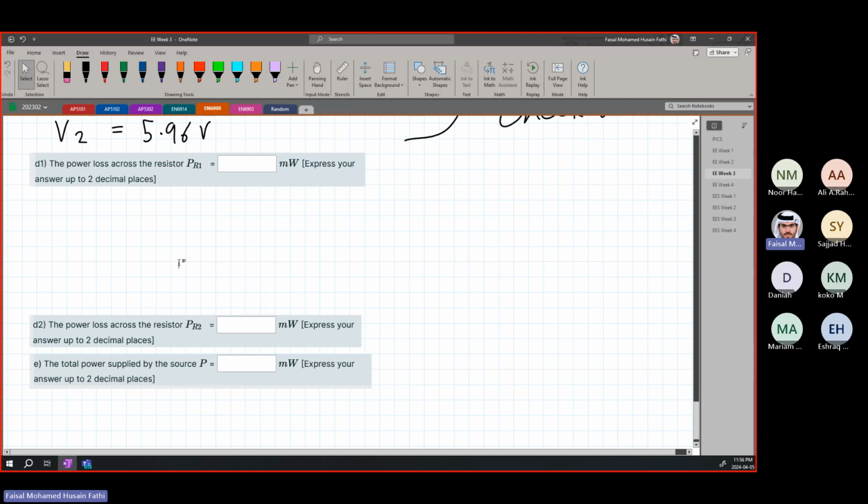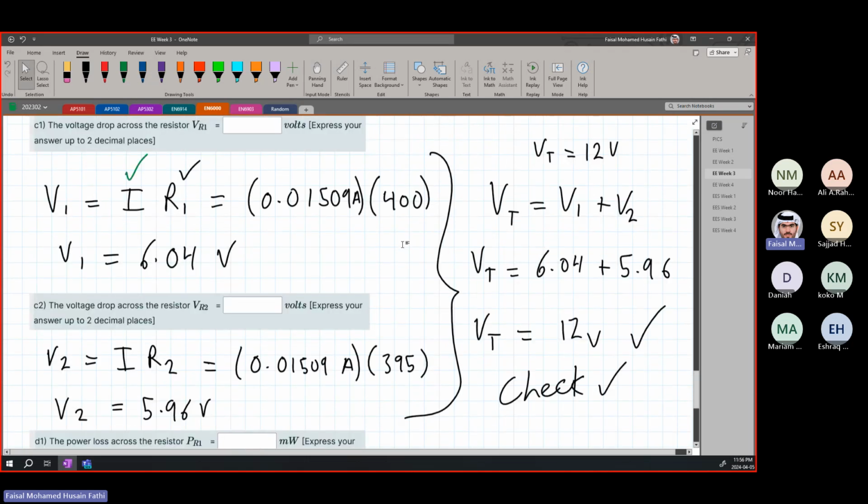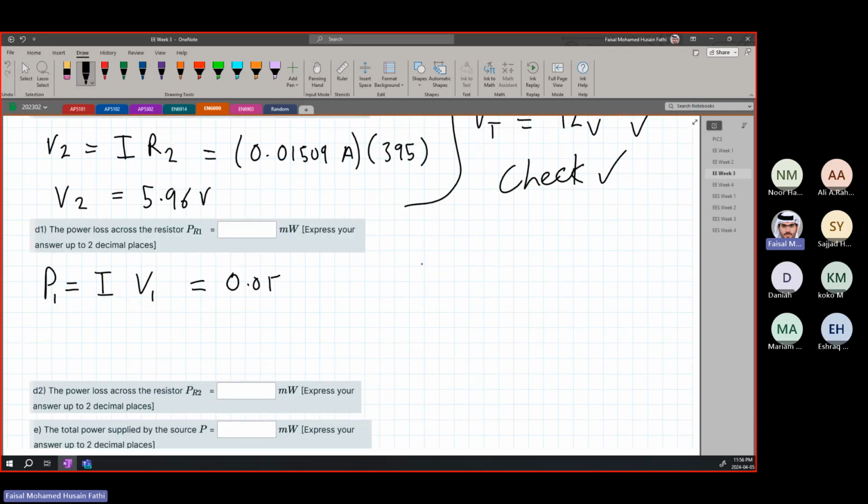Power, very very simple, same exact concept. Power is equal to I times V. Right? I is constant but power is changing. We want power across 1, why? Because voltage is changing. So P1 and V1. And we know that the current is constant, so the current is not going to change. So this is going to be equal to, again, the current, we have it from earlier, 0.01509.